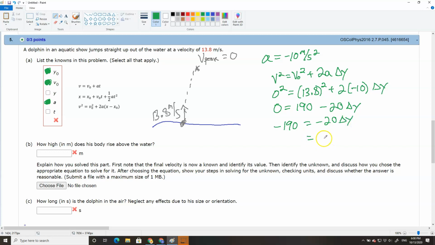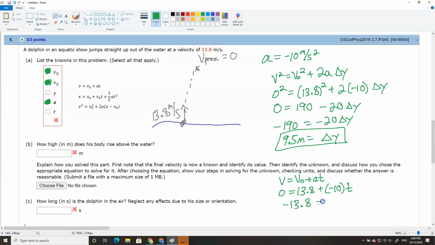Divide out the negative 20, and you'll get 9.5 meters. To solve for the time, we'll go back to the first equation. V is v naught plus at. So 0 is 13.8 plus negative 10t. Move the 13.8 to the left side. Divide out your negative 10. You get a time of 1.38 seconds.